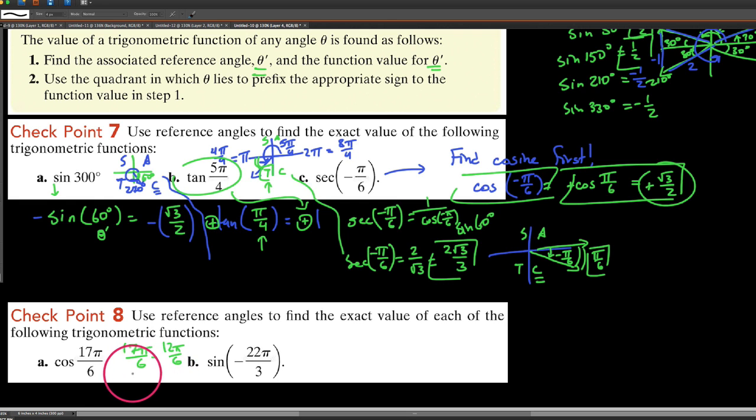So 17 pi over 6 minus 12 pi over 6 is the same thing as the cosine of 5 pi over 6, because 5 pi over 6 lands in the same place as 17 pi over 6. So let's sketch out our diagram here.